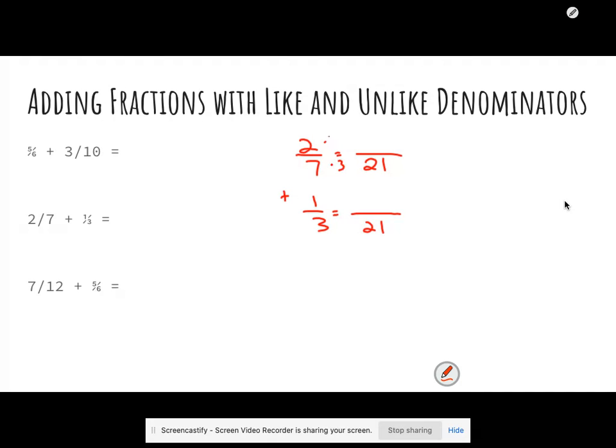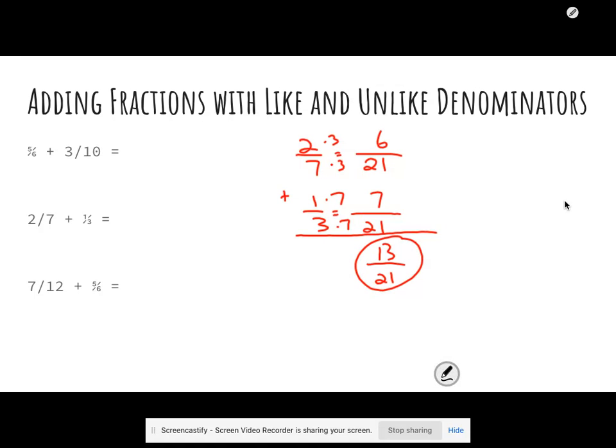Multiply by 3 to make an equivalent fraction. So 2 times 3 is 6. 3 times 7 is 21. So I'm going to multiply by 7. Adding these together, I end up with 13 over 21. And I know that that cannot be simplified, so that is my final answer.